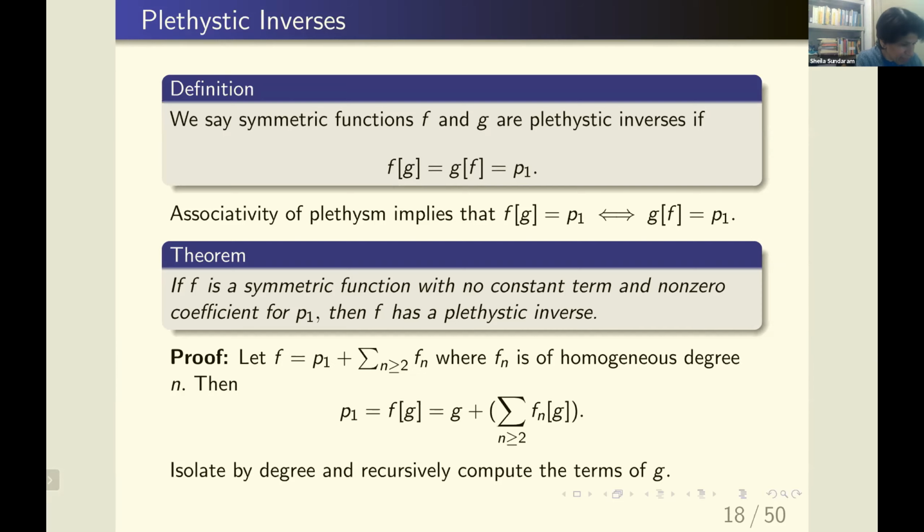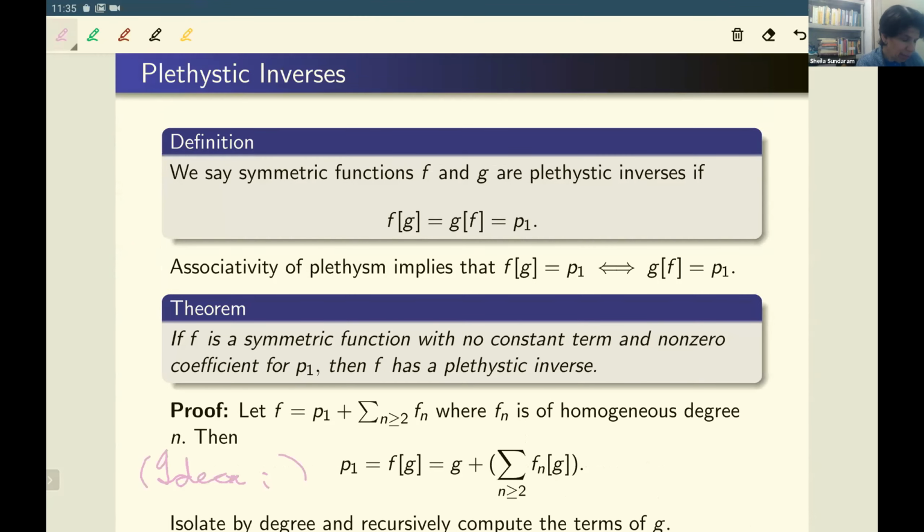I wrote the proof here. This is really an idea of the proof that you can sort of get started on computing, right? So I should say this is the idea.